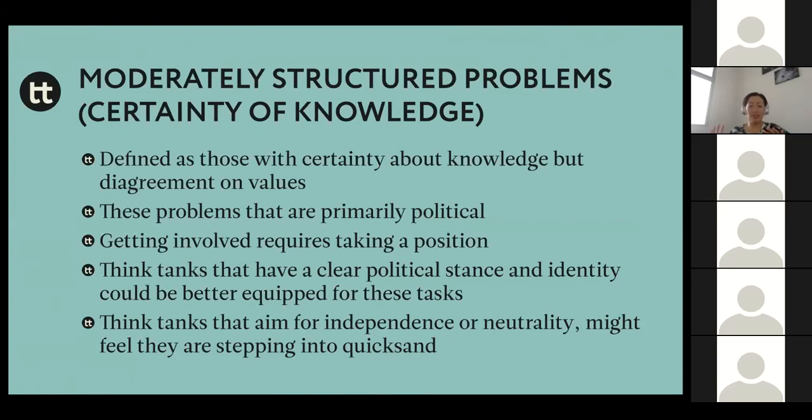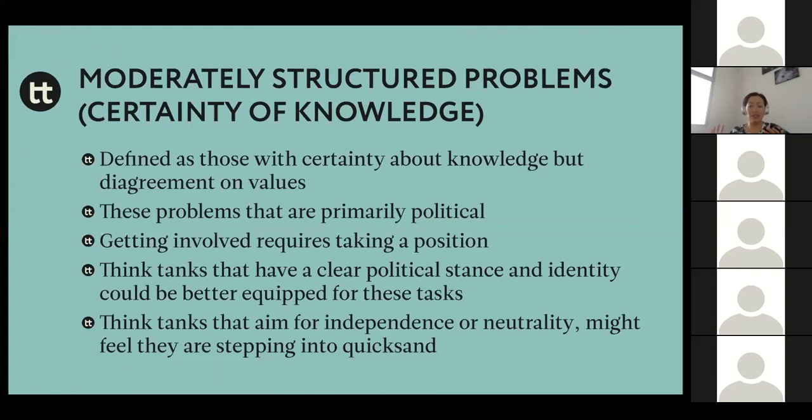So people tend to agree with the knowledge, with the evidence that is there, but they do not agree in principle on the values in these issues. When we're talking about these types of problems, because the issue is political and a lack of agreement on the values, this will require a think tank to take a position.